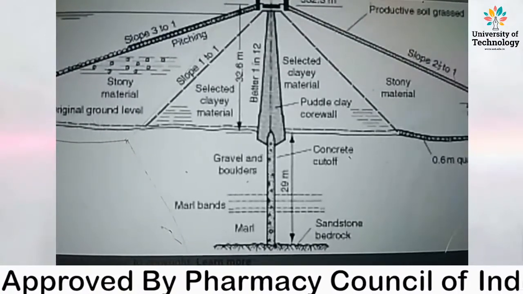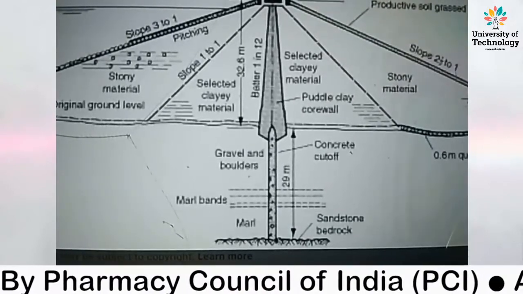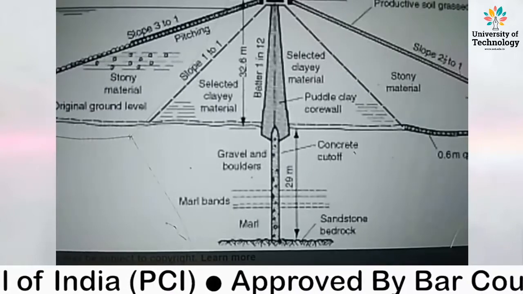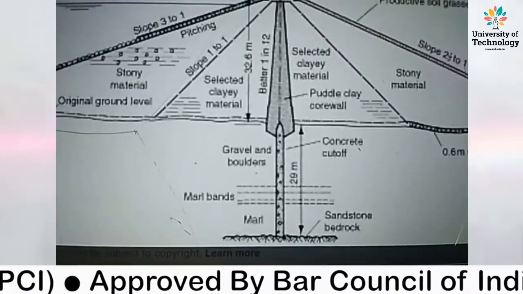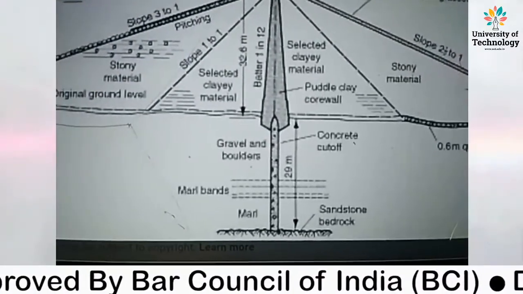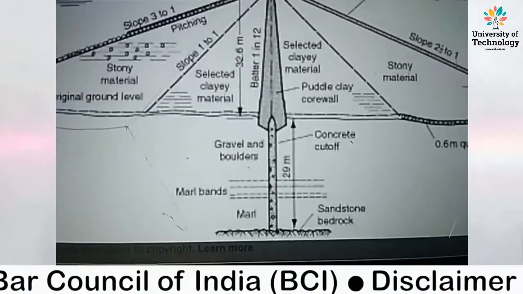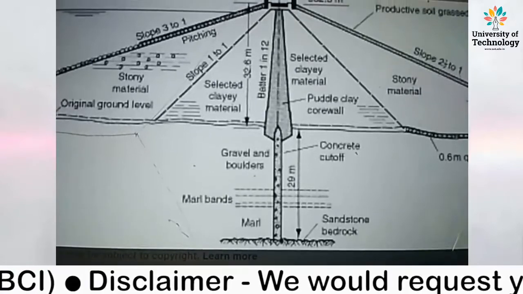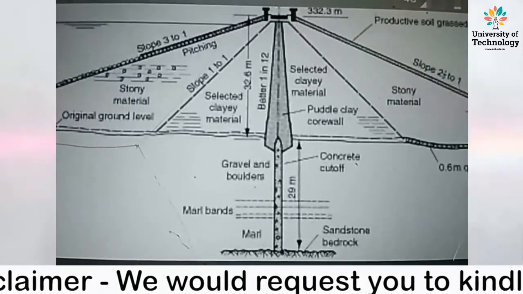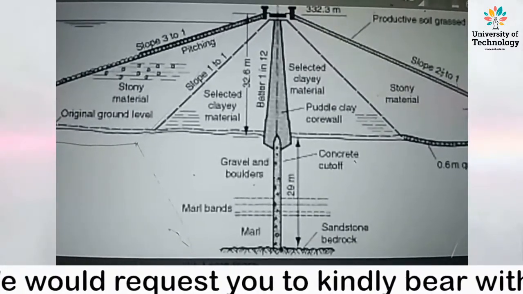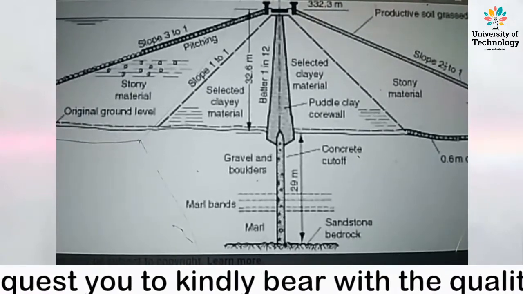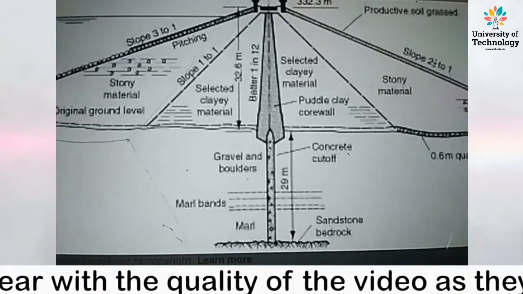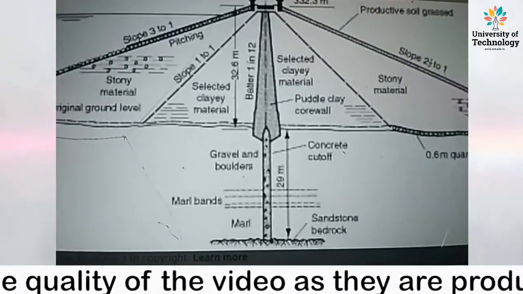Concrete cutoff wall: the height of a concrete cutoff wall is generally capped at 20 to 30 meters. So here you can see 29 meters is available. The slope on the upstream and downstream sides is 3:1 and 2.5:1.